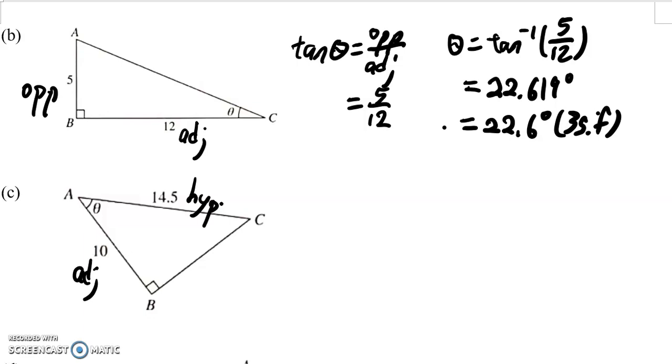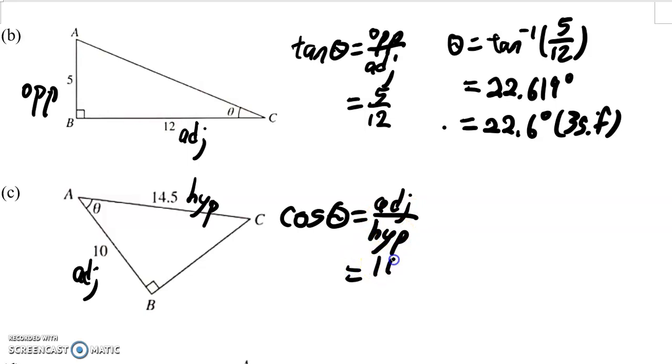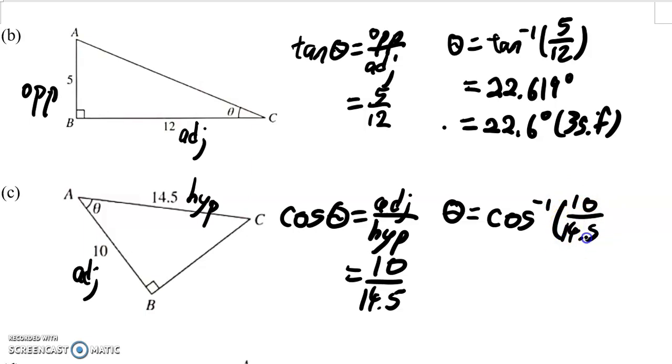So in this case, A and H, we should be using our cosine theta. So cosine theta is equivalent to adjacent over hypo, which is equivalent to 10 divided by 14.5. So theta will be equivalent to arc cosine of 10 over 14.5.